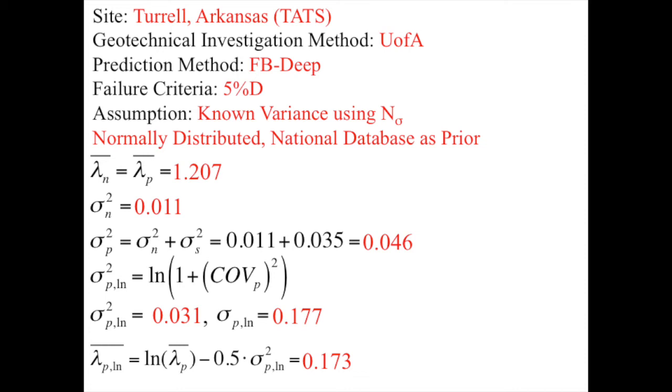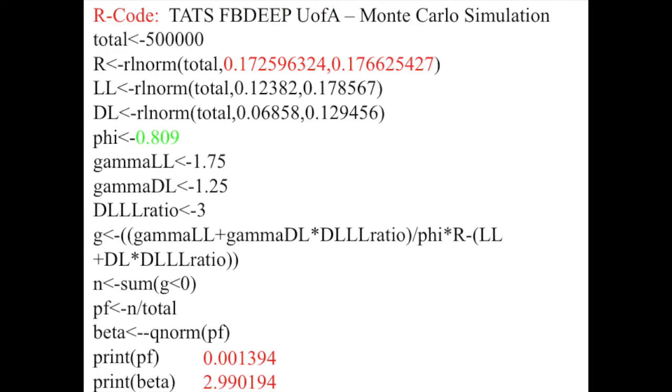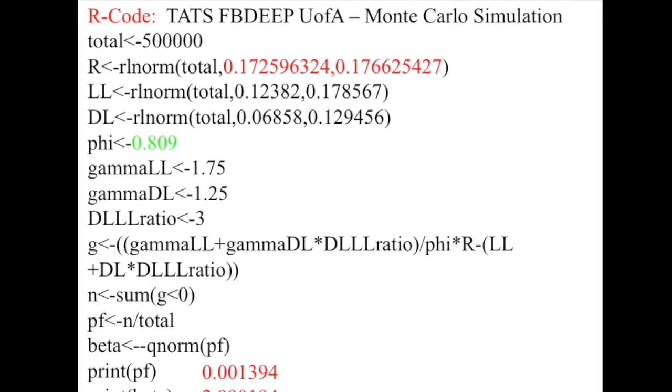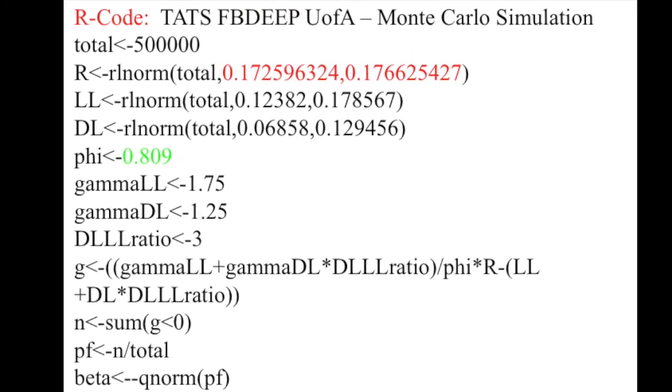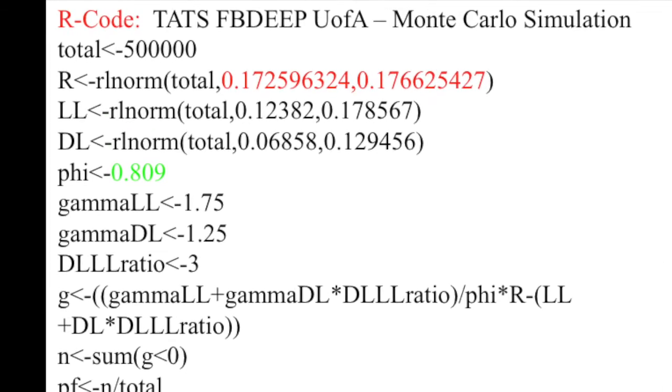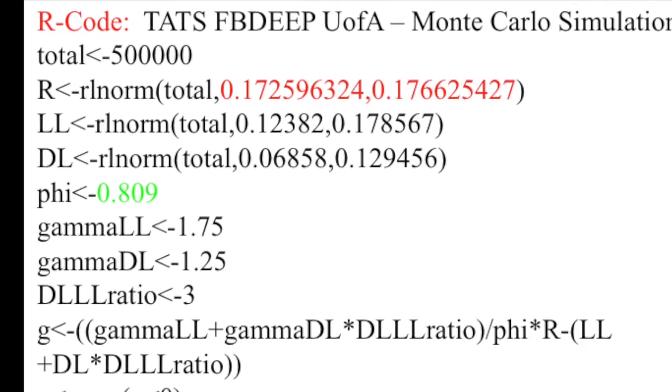Due to the weighting, the mean and variance values for the predictive parameters of 0.173 and 0.031 were equivalent to and higher than the respective values of 0.173 and 0.024 that were obtained from case 1a. Likewise, the resulting resistance factor that was obtained, 0.809, was lower than the value that was obtained from case 1a, 0.853.